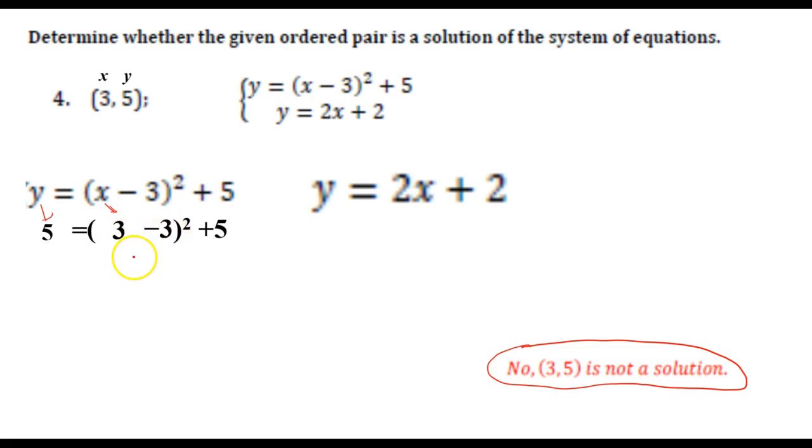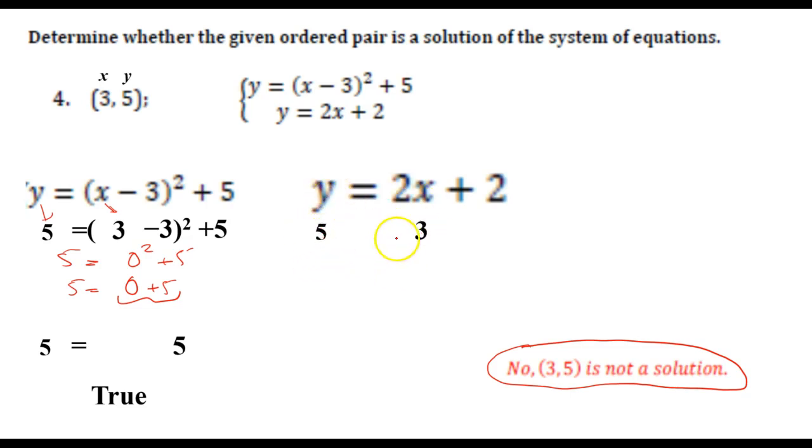3 take away 3 would be 0. And then 0 times 0 would be 0. And would 5 equal 5? Well, that is a 5, so that is true. Let's go ahead and write, instead of y and x, let's write in 5 and 3.